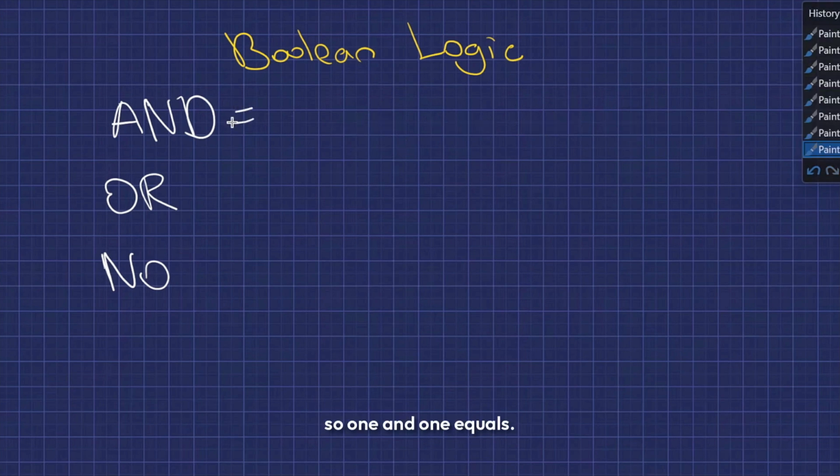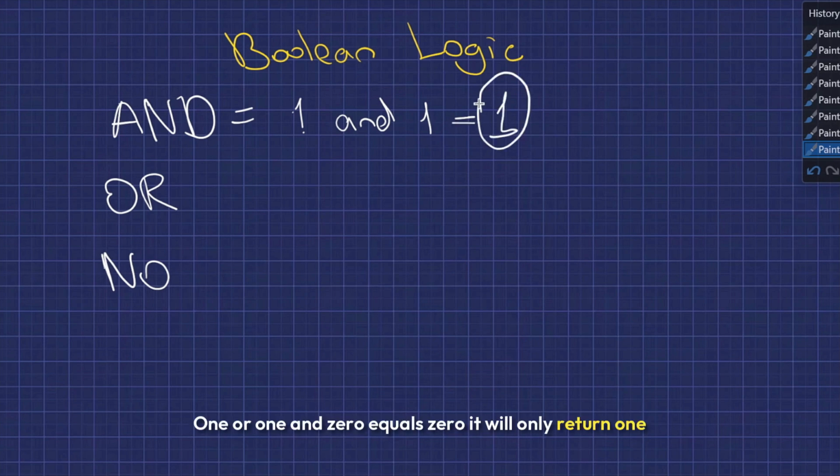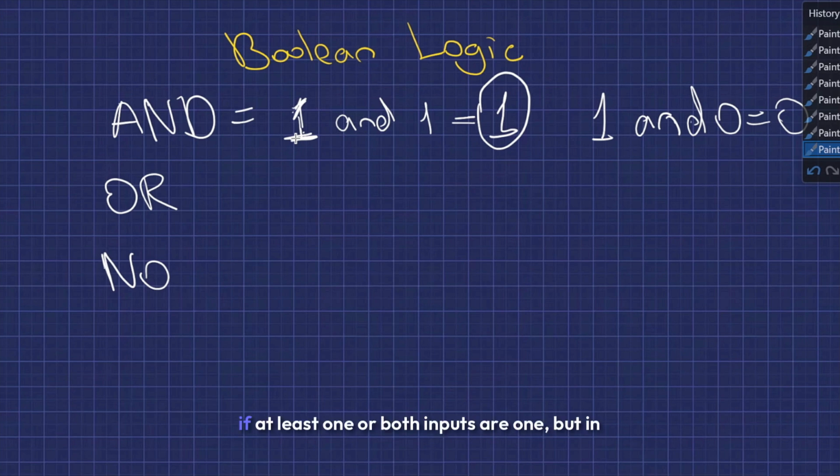So 1 AND 1 equals 1, but 1 AND 0 equals 0. But OR returns 1 if at least one input is 1.